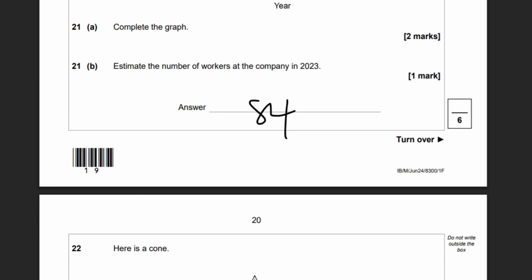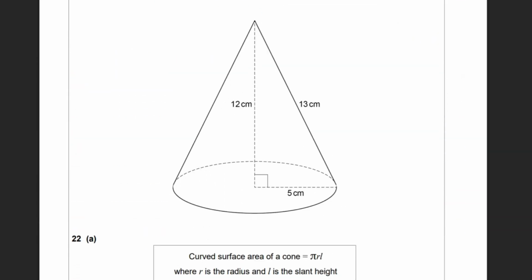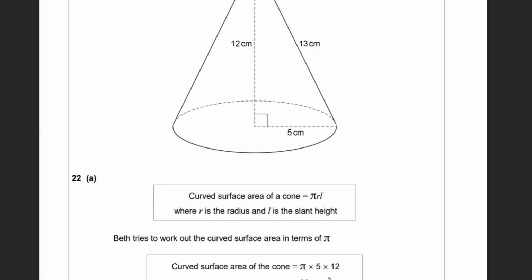Okay, here we have this cone, and Beth tries to work out the curved surface area in terms of pi. Remember, they gave you the formula. They said the formula is pi RL, pi times radius times the slant length. So when you do that, the curved surface area is this. What mistake has she made?